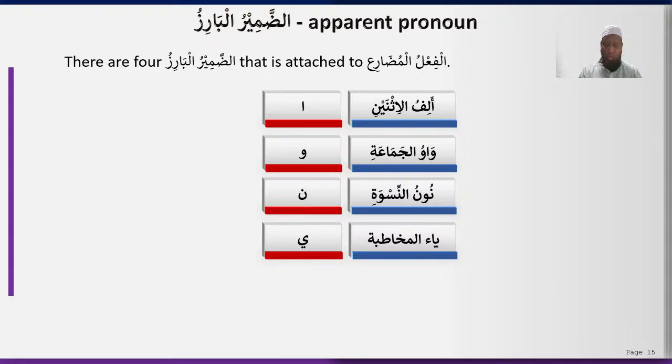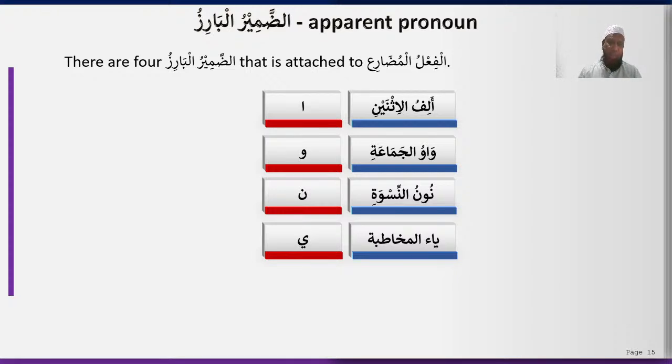It comes only in one صيغة, the mufrad مؤنث مخاطبة. So ألف الاثنين, واو الجماعة, نون النسوة, ياء المخاطبة. These are the 4 ضمير البارز. They will be visible and they are the fa'il of the fi'l.